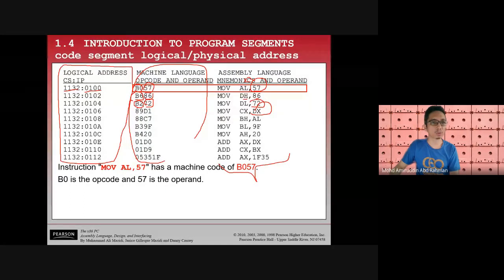Moving DH, the code is B6. Moving DL, the code is B2. But for moving CX, the code is 89, and moving BH, the code is 88. The opcode defines what we call the instruction, what is the instruction given, and then the value after that. So it combines the opcode and operand. I will give more examples after this. So let's discuss that.